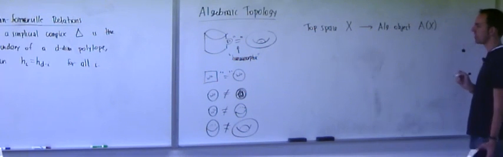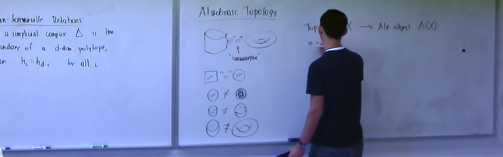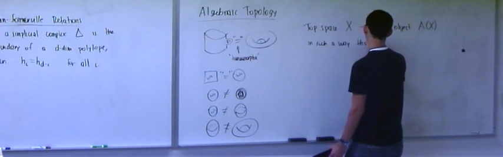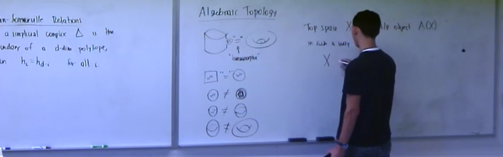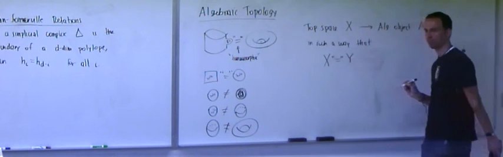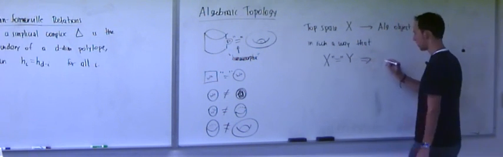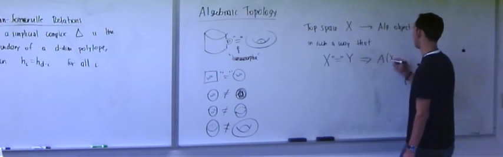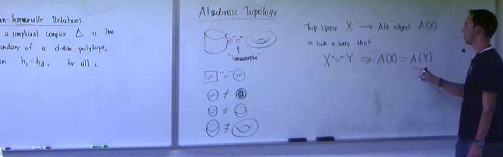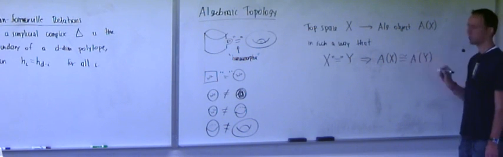Let's call it A of X, in such a way that if X and Y are equal to each other in this topological sense, then the algebraic objects will be the same in the algebraic sense. So here we're not going to have equality, but we'll have some kind of isomorphism.